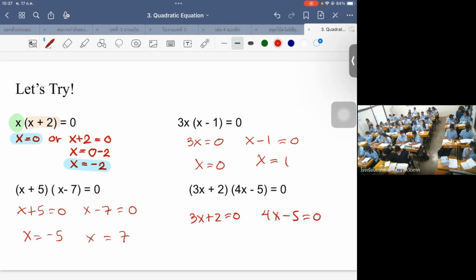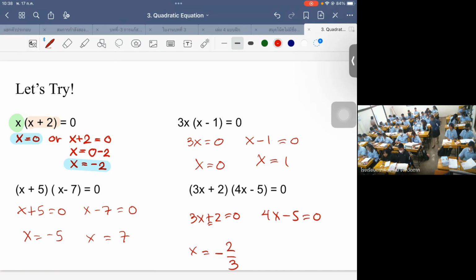And then transpose again, divide both sides by 3. So this one, positive 2, it will become negative 2/3.